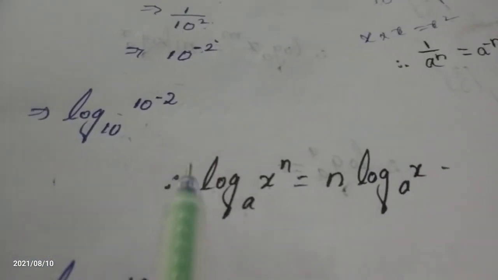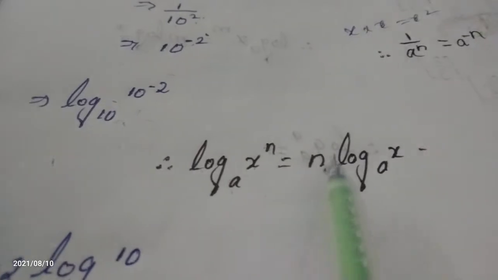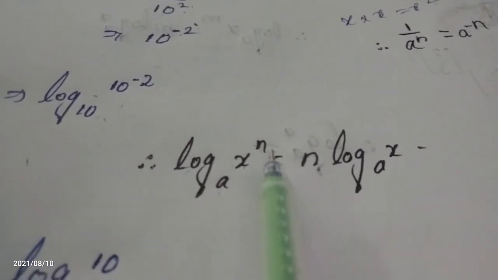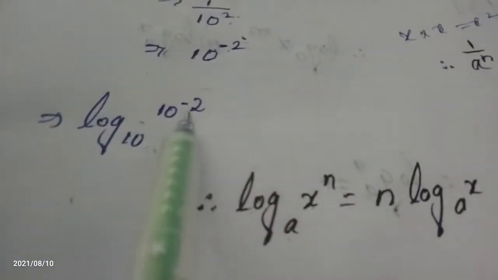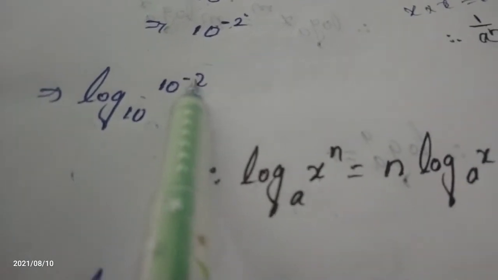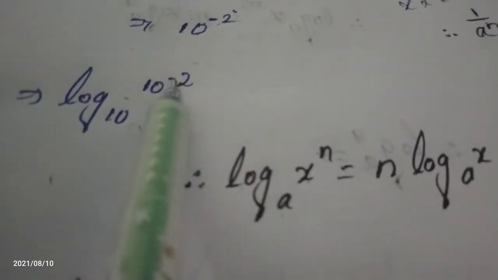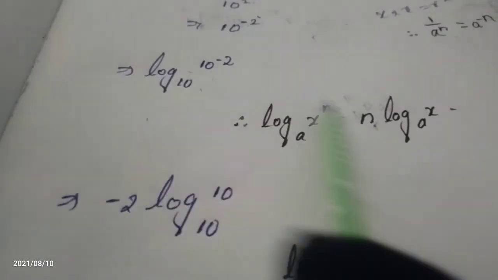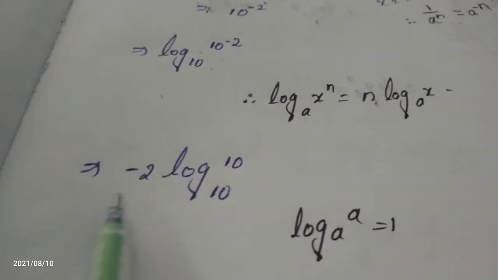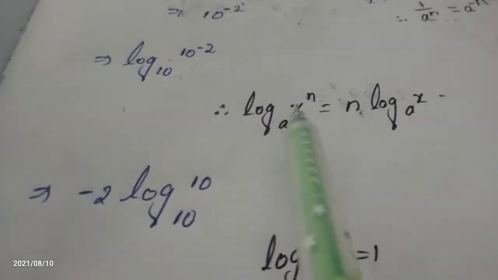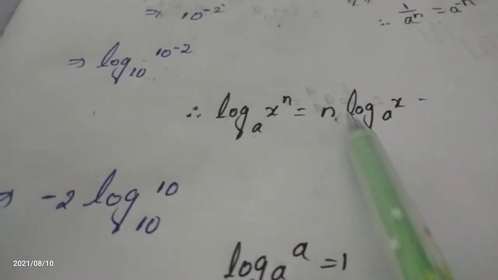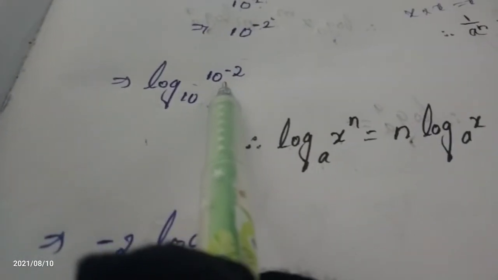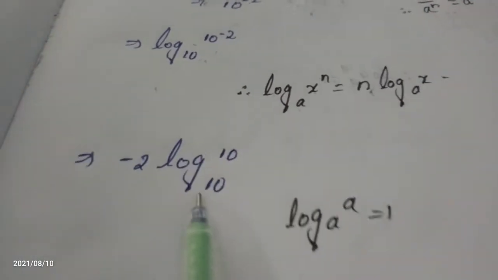So this minus 2 we write before the log, and the remaining term stays as it is: minus 2 log 10 to the base 10.